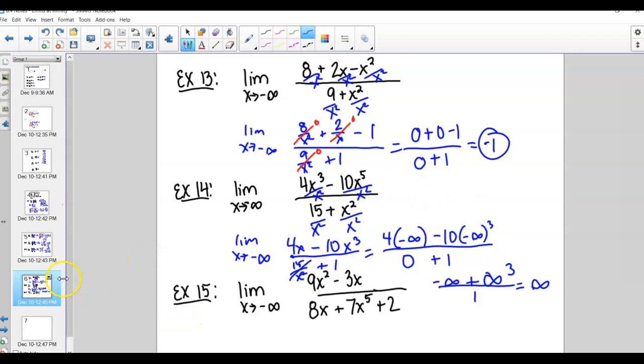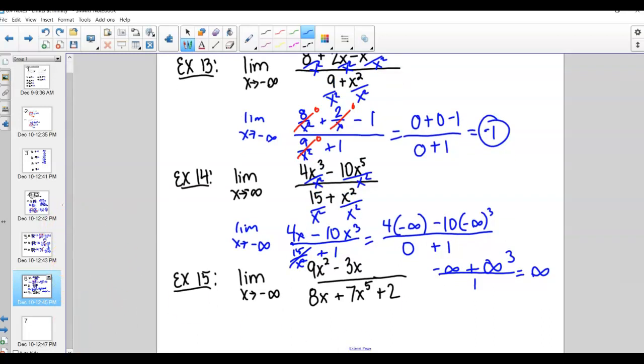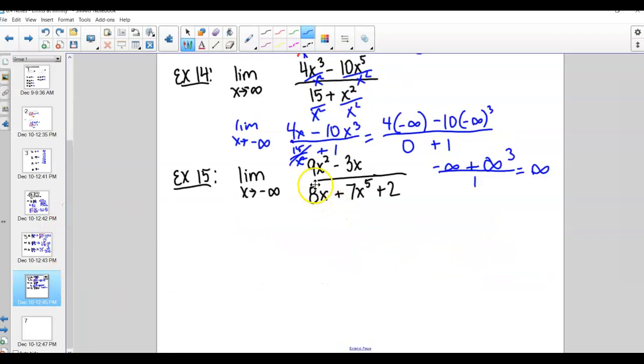Okay, and our last one that we have here, before we look at some generalizations, is 9x squared minus 3x over 8x plus 7x to the fifth plus 2. So our highest exponent from the denominator here is x to the fifth. So we have to divide everything by x to the fifth. And that will look like this.